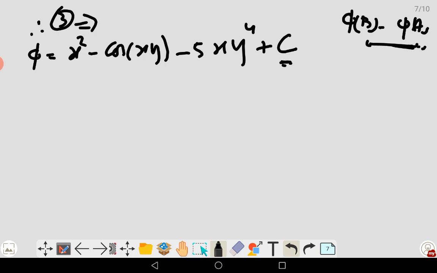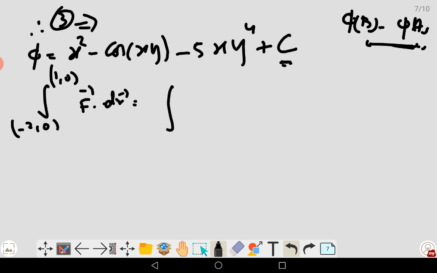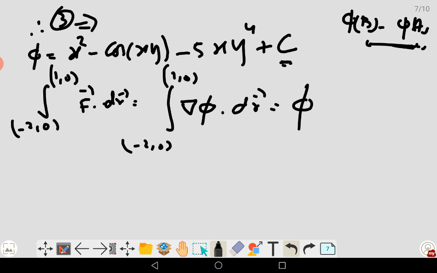So you can ignore this c. The integral from minus 2, 0 to 1, 0 of f dot dr can be written as the integral of del phi dot dr, which is phi of b minus phi of a. The question says theorem 9.9.1.